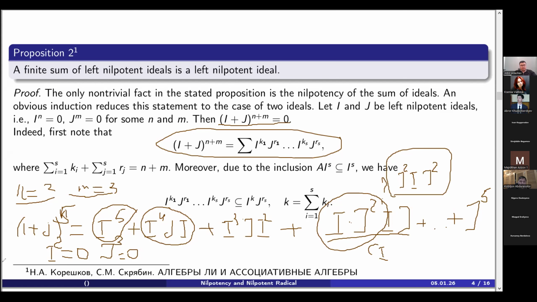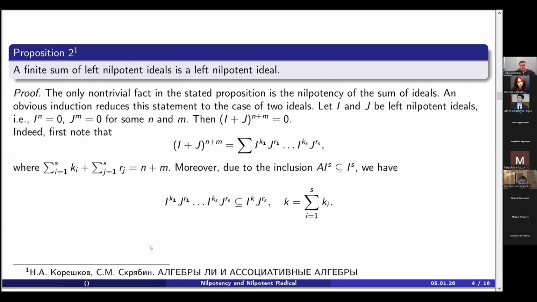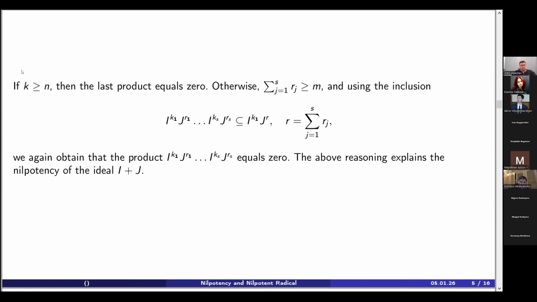Next. If k is greater than or equal to n, then the last product equals 0.